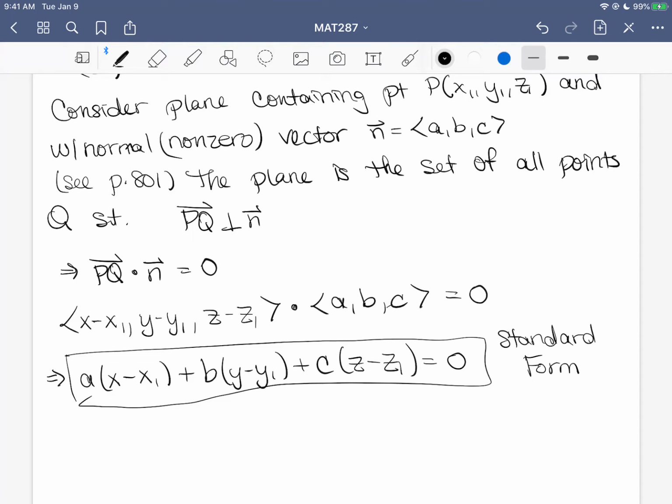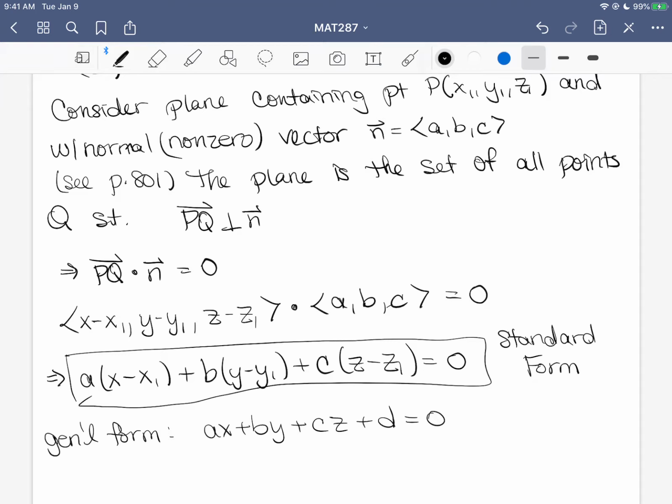Now, of course, you could distribute and combine constant terms. So the general form of the equation of a plane looks like ax plus by plus cz plus some constant d equals 0.